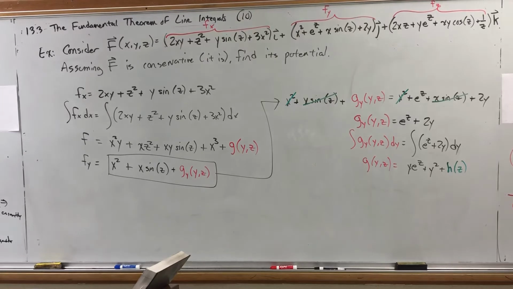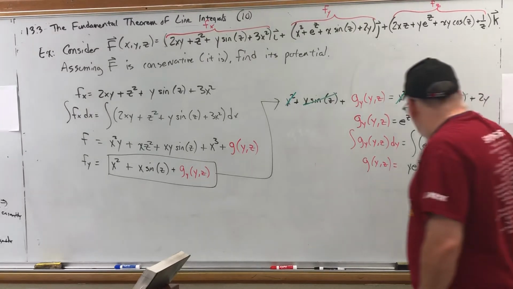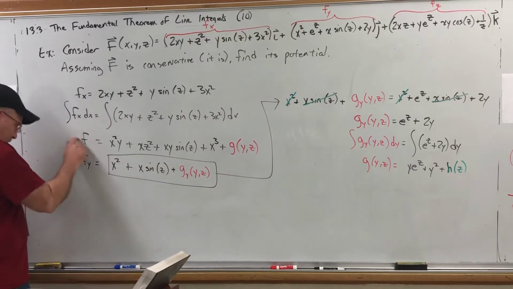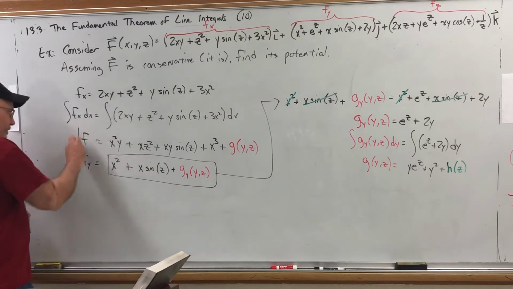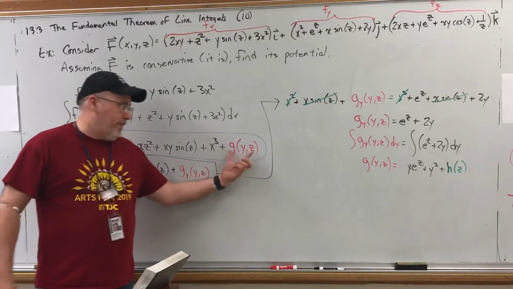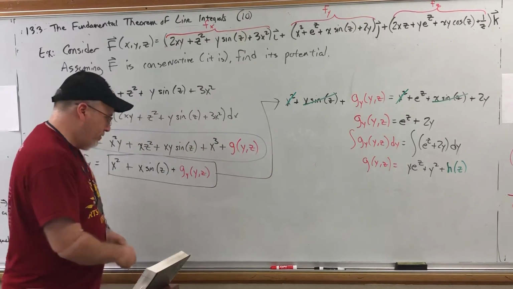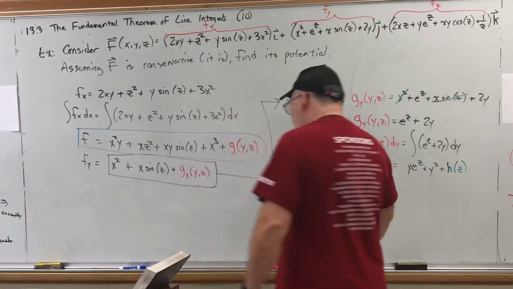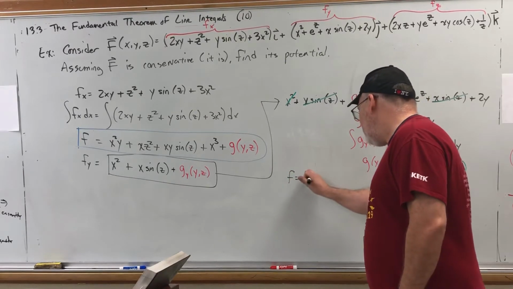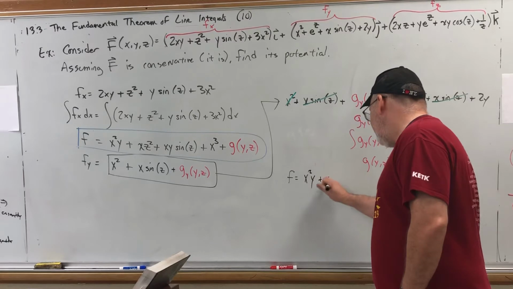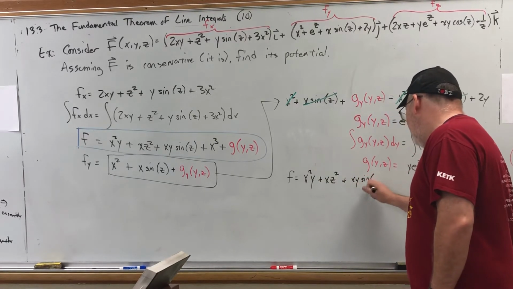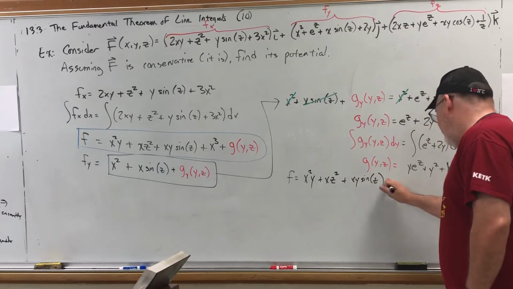So now we kind of know what the g function looks like, and what we can do with it is embed it back inside of what our function looks like up here. This is what we're looking for. And now we know something a little bit more about this function. It has that form. So that means that our function f is now of the form x squared y plus x z squared plus x y sine z plus x cubed.